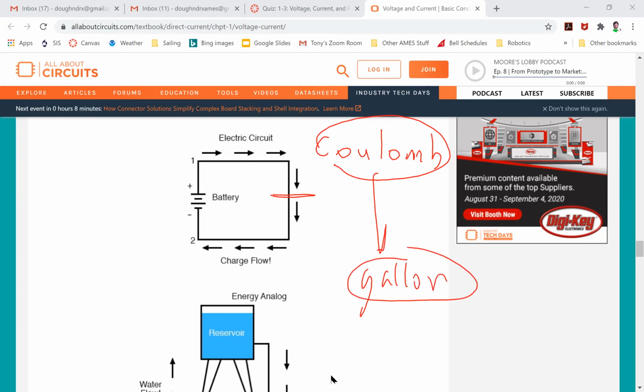It's a more convenient unit to use. Rather than counting electrons per second, I'm going to define this unit that's kind of like a gallon of electrons, call it a Coulomb, and count how many coulombs per second go past here. So you see electrical current and water current are very, very similar. It's a measure of how much is passing by a certain point.